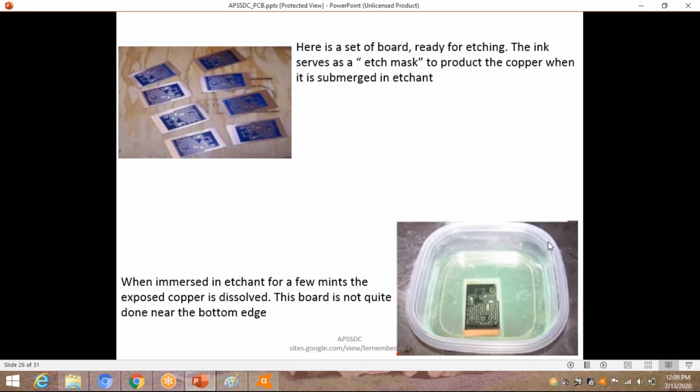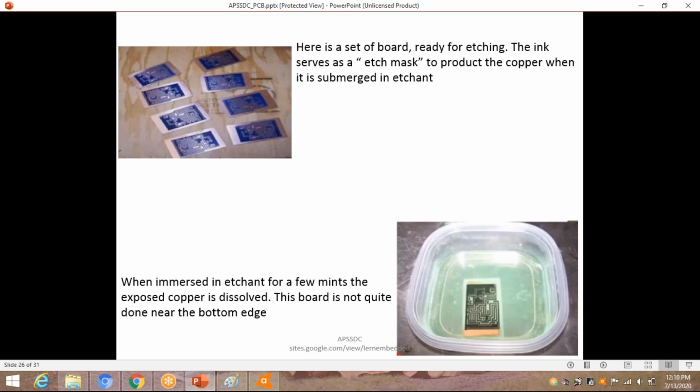The ferric chloride solution is much similar to acid, but it is not that harmful. But if we keep our fingers in the ferric chloride solution, we may be getting itching for 1 to 2 days. Is it clear, guys?